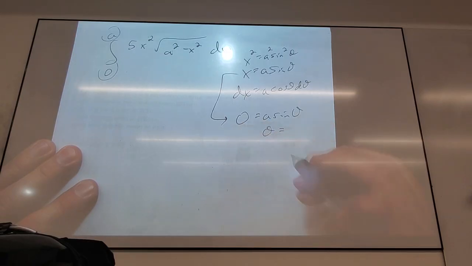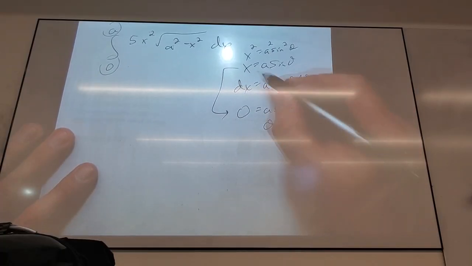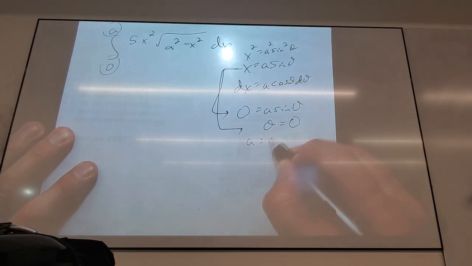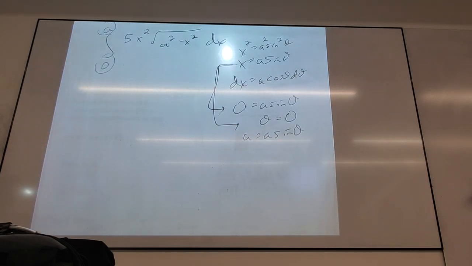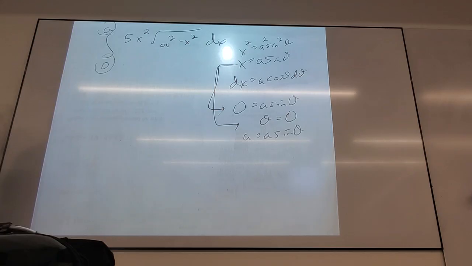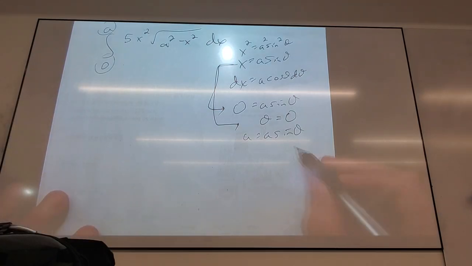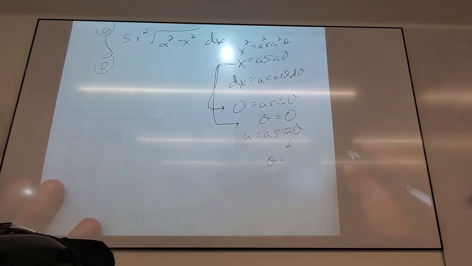Sine of what makes 0? 0. When x is a, what's theta? I need a sine theta to be a, equals a times what? What do I multiply a by to get a? 1. So what makes sine theta 1? Pi over 2.